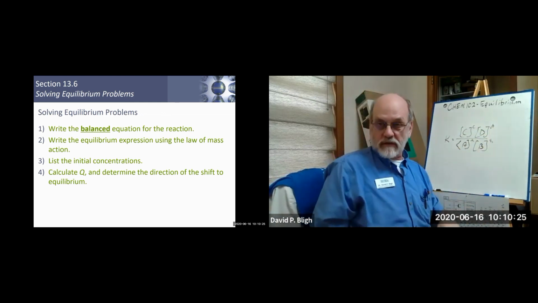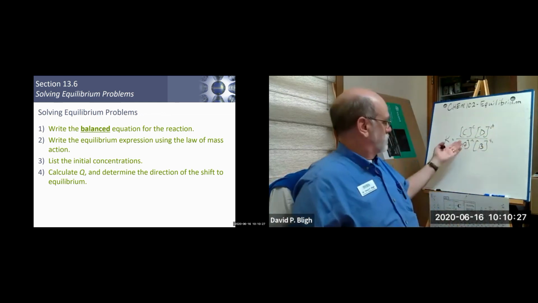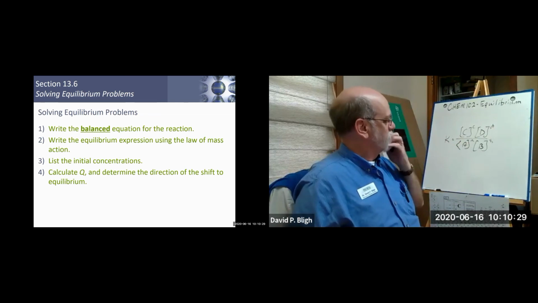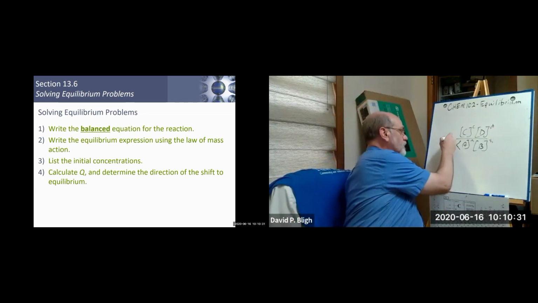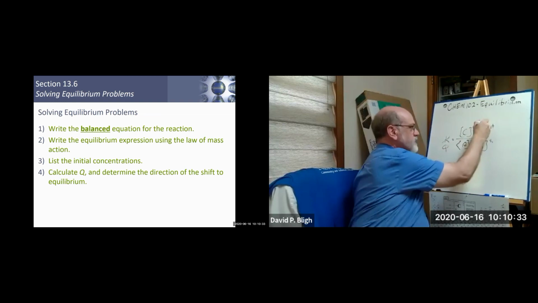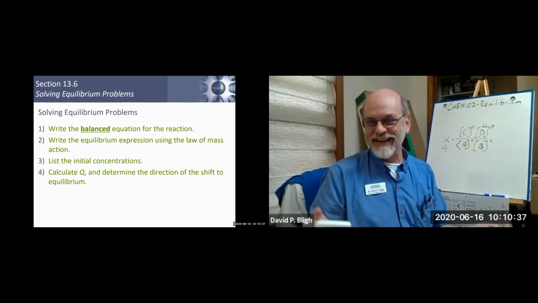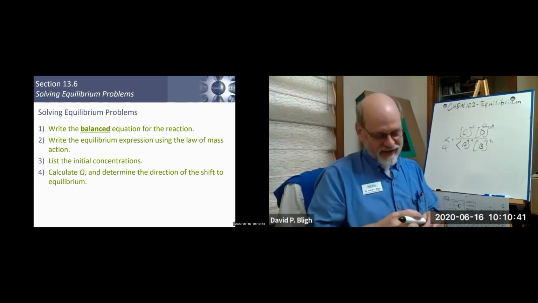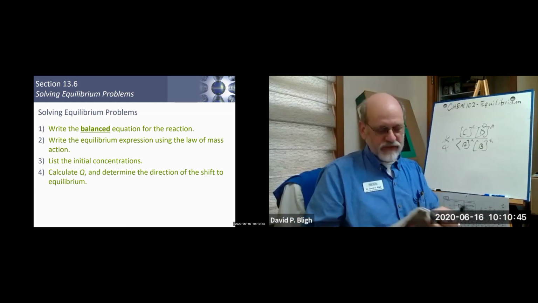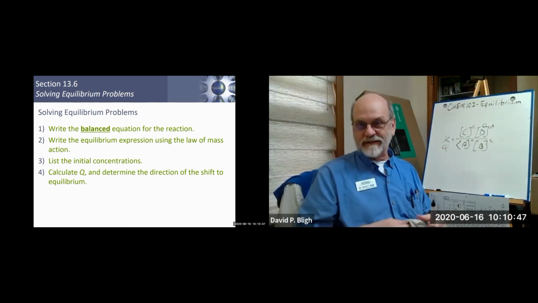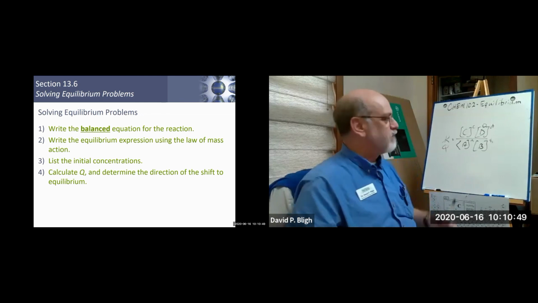What would your calculation look like? Well, if you calculated Q with a 0 here, your Q is going to be 0, isn't it? That's less than K, so you know which direction it's moving. So it's kind of a waste of energy, if one of your components is 0, to even bother calculating.